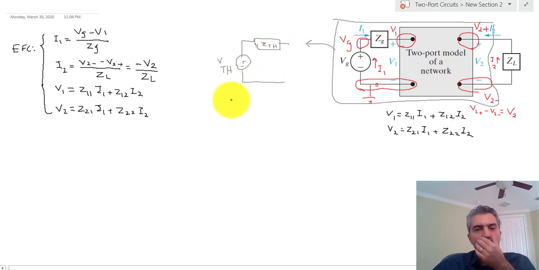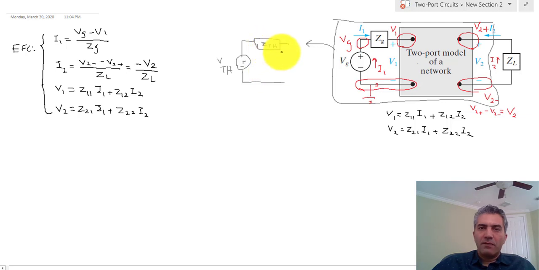Okay, if you recall from a while back, the algorithm to do something like this goes as follows: for calculation of V Thevenin, you leave the port that you're trying to develop the model for open, and then look at that voltage. The voltage that you calculate would be your V Thevenin.